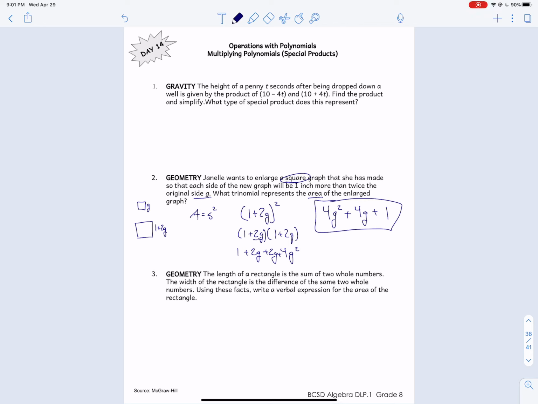So again, if it's confusing, choose a number. Let's say you just put a 1 in there, and then draw it out and see. So if our original side was 1 inch, well, actually, it doesn't tell us how much of an enlargement we want, right? It doesn't say that we want to double or triple the size of this.